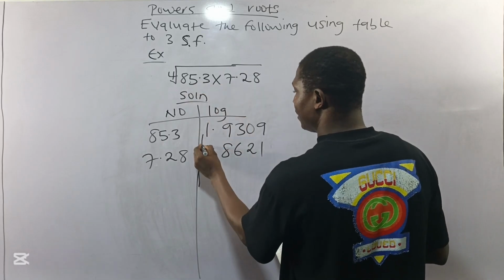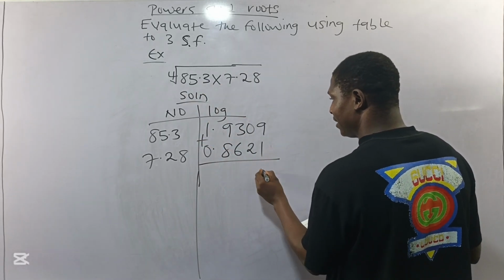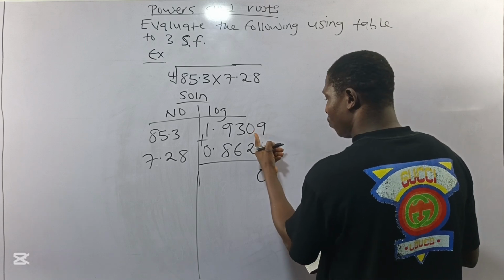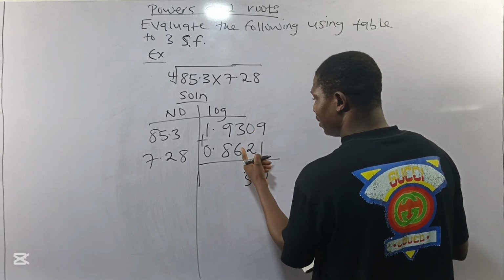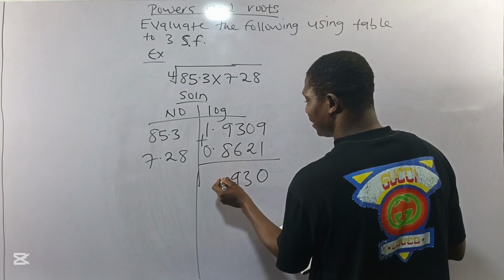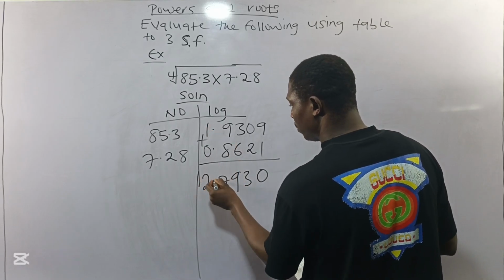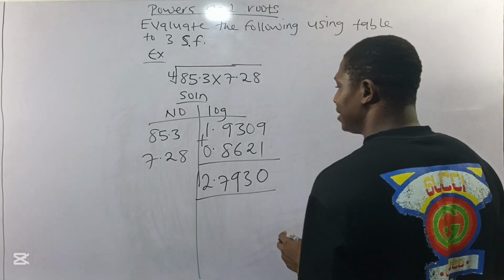Since they are multiplied, we add up. 9 plus 1 is 10. 0 carry 1. 0 plus 1, 1 plus 2, 3. 3 plus 6, 9. 9 plus 8, 17. 7 carry 1. Plus 1, 2. Plus 0, 2. Now we've gotten this.